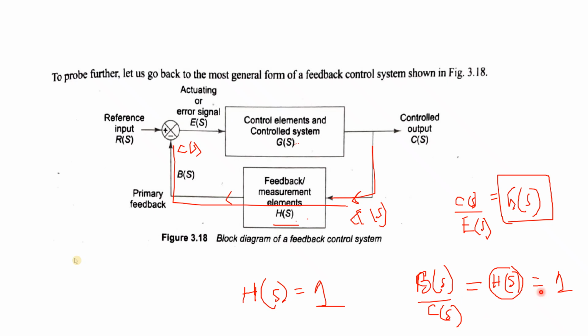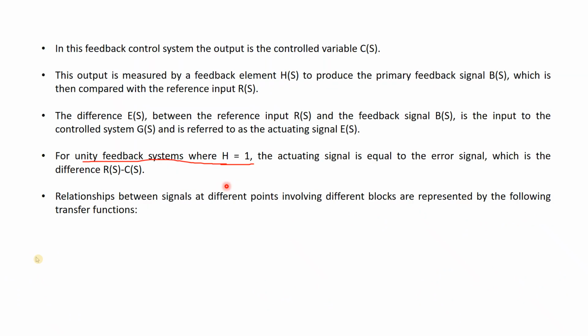If Bs by Cs is Hs and Hs is 1, that means Bs by Cs is 1, so Bs equals Cs. So Cs is entering the summation point, because Bs and Cs are both equal. So Rs minus Cs is the error signal.